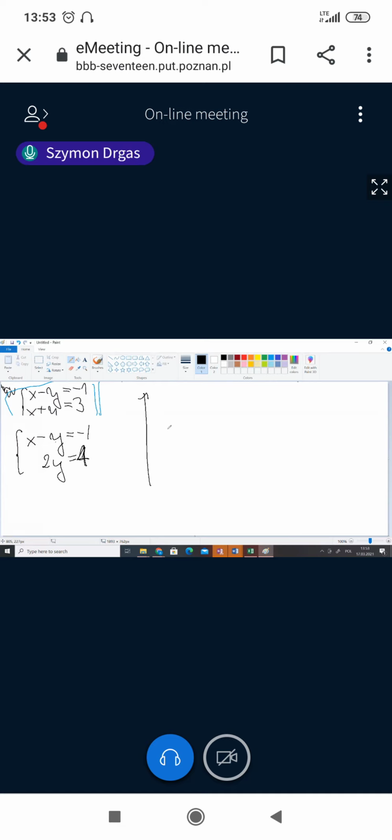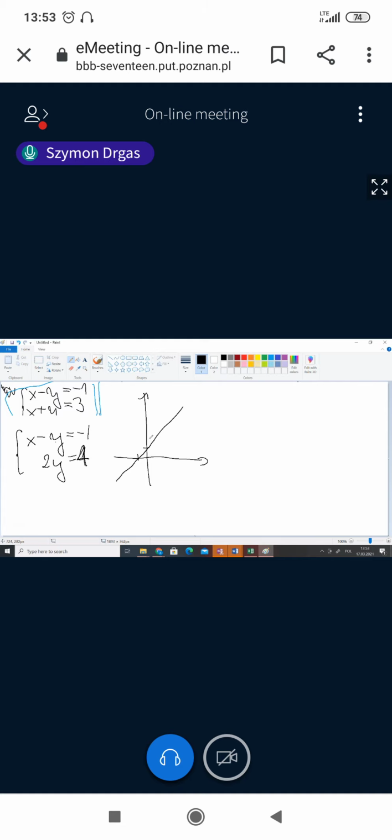Okay. So now we can draw this row picture. The first line will be the same as earlier. This is the same as y is x plus 1. So it should be like this. And then the second equation is the same as y is equal to 2.